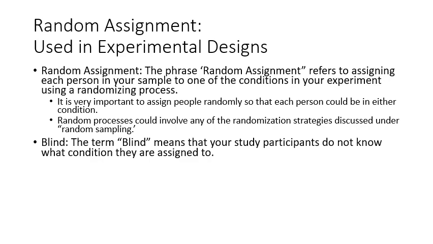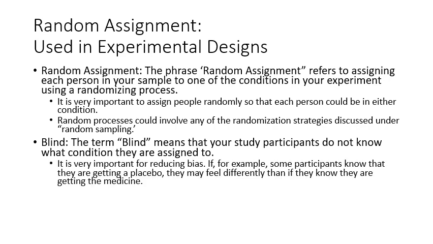Now, ideally, when you randomly assign people to a group, you want them to be blind. And when we use this word in science, as you know, that means that your study participants don't know what condition they're assigned to. This blindness is very important for reducing bias.